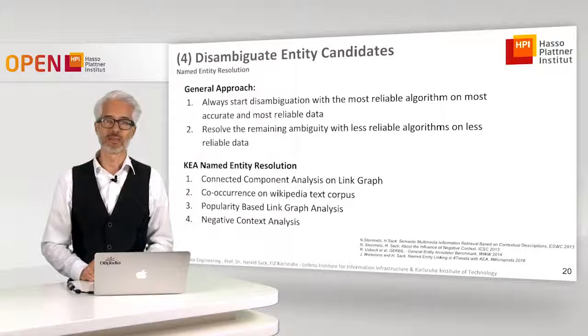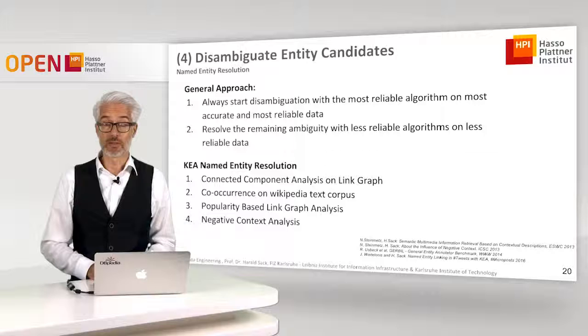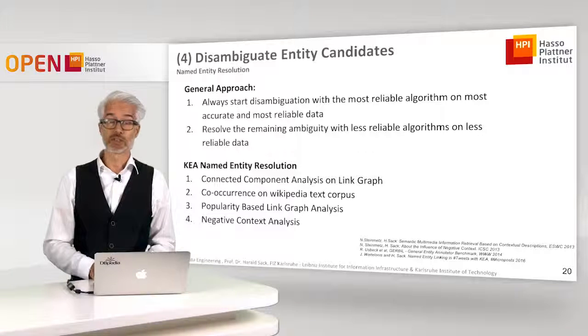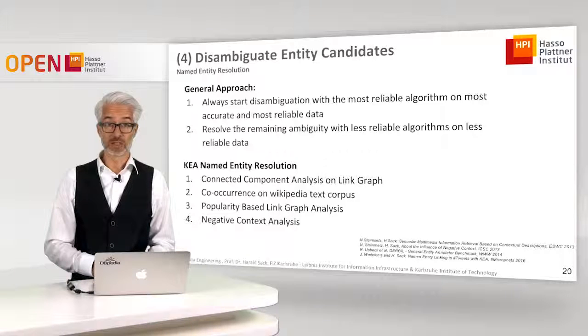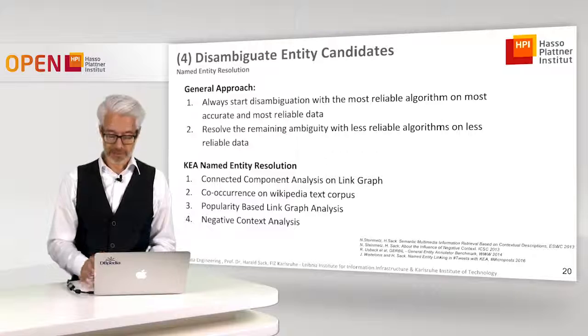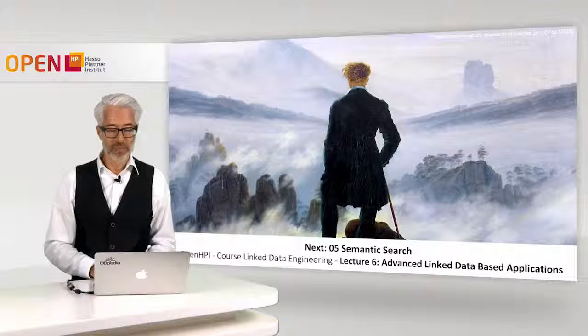If you are further interested in research in that, simply look at the articles which are referenced here at the bottom of the page. Then you can read more about our research in named entity resolution.